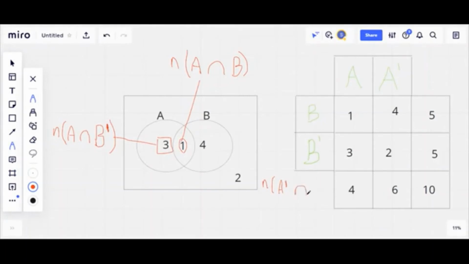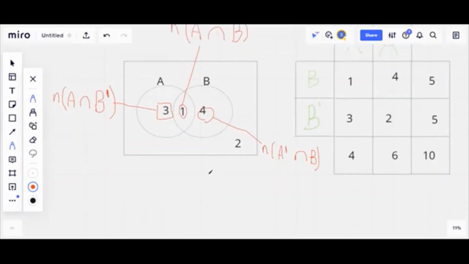So not A and B. So it falls into the category of B and not A. It's this one here. Because if we did the category of just B, it'd include this one, so it has to be not A as well. Then the final one is our 2 value here, the ones that don't fall into either category.